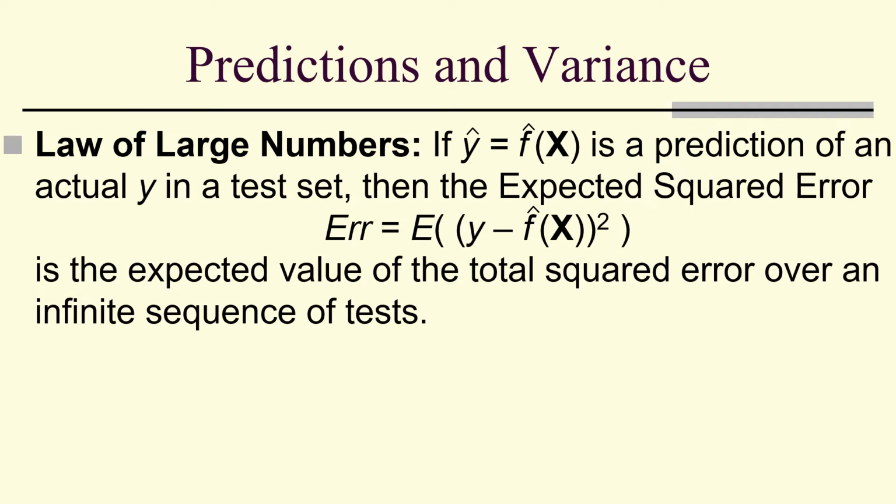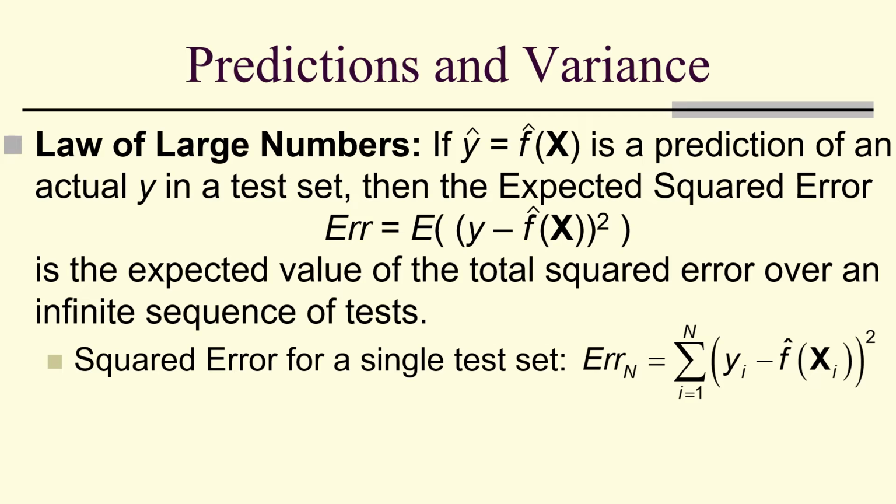Now remember the law of large numbers? Well, in our case, it says that if y hat is the fit applied to a variable x, then that's a prediction of an actual y in a test set. The expected squared error, the expected value of (y minus f hat of x) squared, is the expected value of the total squared error over, we would imagine, an infinite sequence of tests.